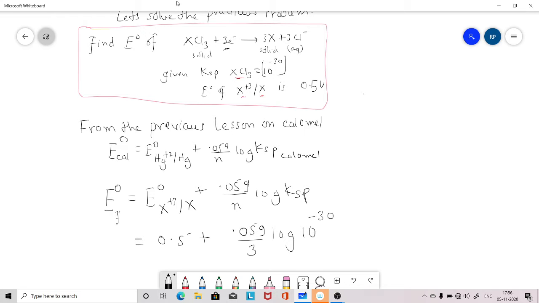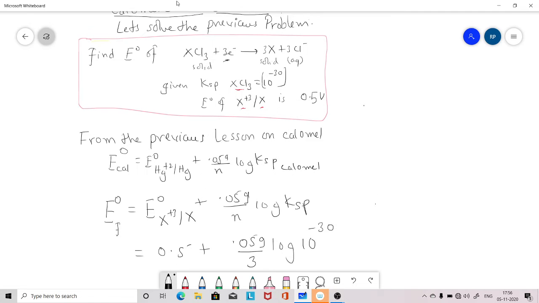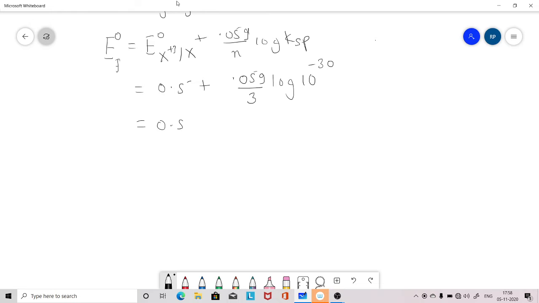Now let's try to solve it. We can calculate 0.5 plus, let's take it 0.06 by 3, and log of 10 to the power minus 30 is minus 30. So let's do the calculation.